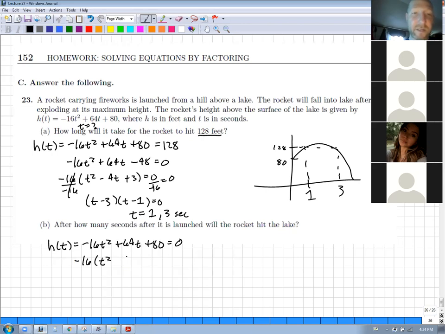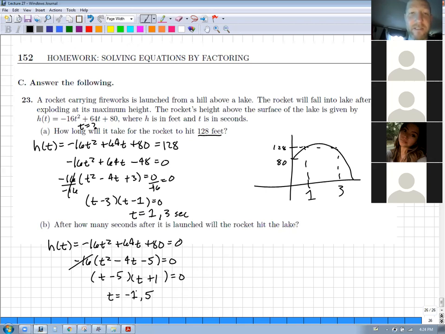So this was -4, and this will be a -5. Divide everything by that. We factor t, t minus 5 and t plus 1. So -1 and +5.